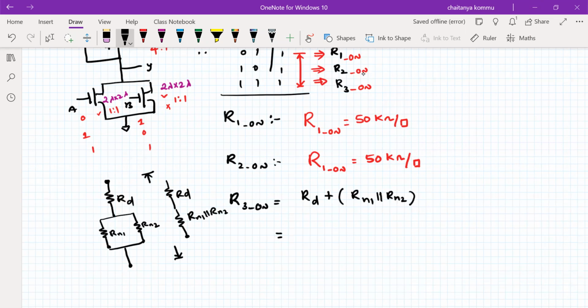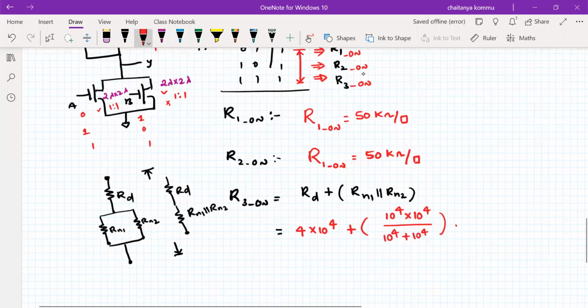So what is this value now? Rd is actually 4 into 10 to the power of 4 that we know, plus the parallel value of Rn1 and Rn2, which is 10 to the power of 4 into 10 to the power of 4 divided by 10 to the power of 4 plus 10 to the power of 4, ohm per square.